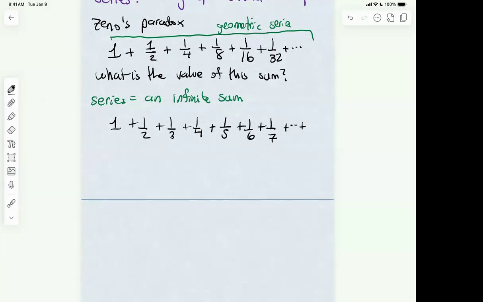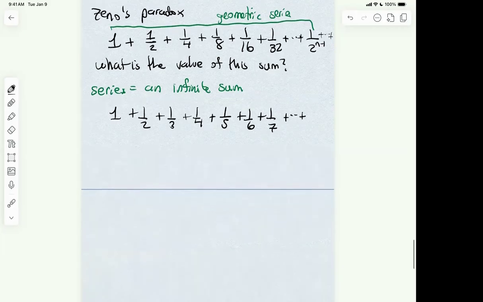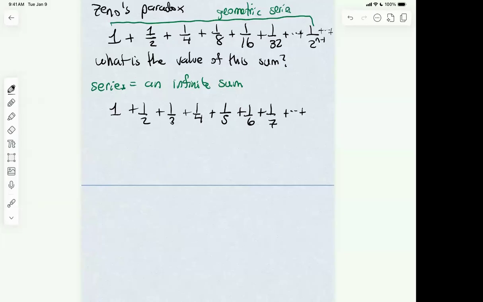So here you could say that it is 1 over 2 to the n minus 1, for example, if you want to start the sequence at 1, okay? And sorry, this keeps going, right? Of course, there's a fancier way to write this down, but I'll get to that in a second.